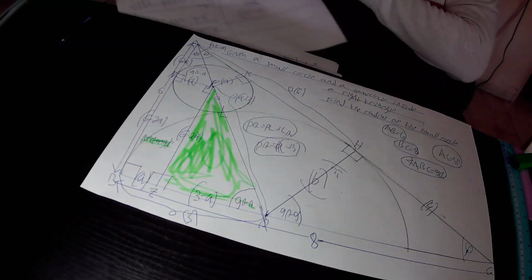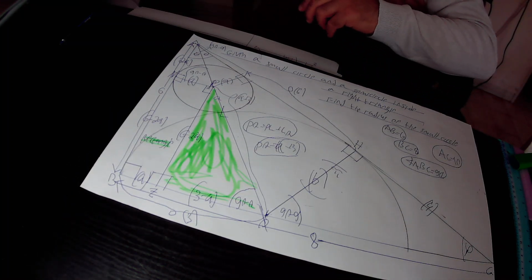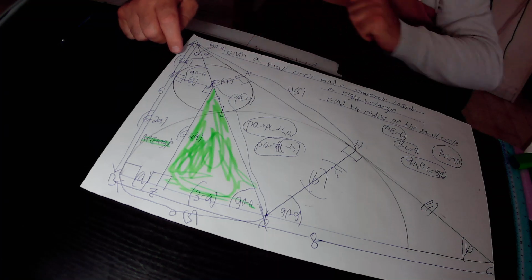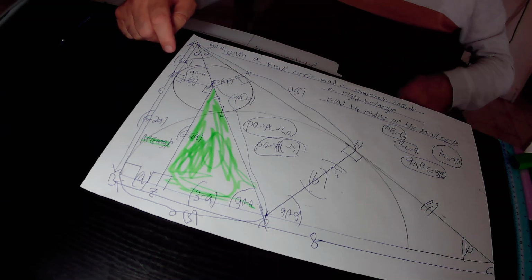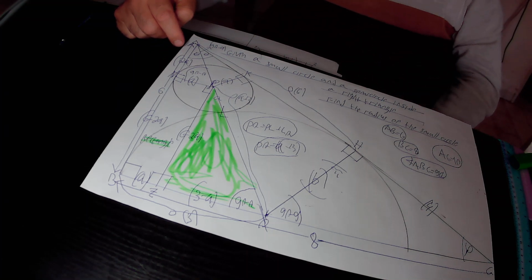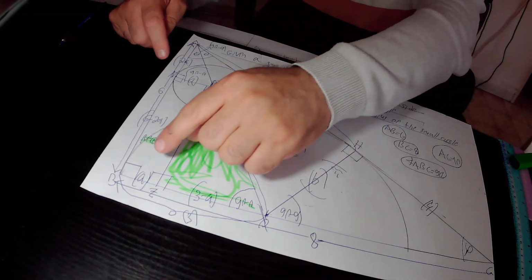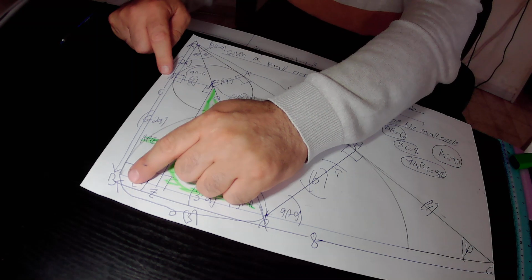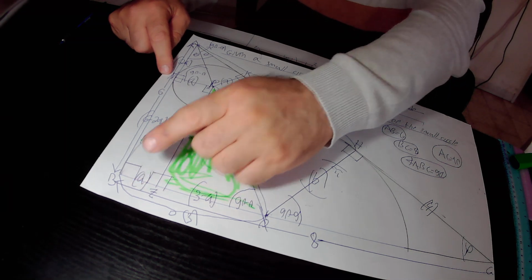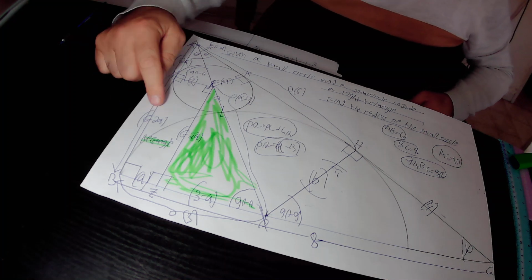So AN equals 2A units in length. AB equals 6, and therefore the missing line segment NB must equal AB minus AN. AB is 6, AN is 2A, so NB equals 6 minus 2A.